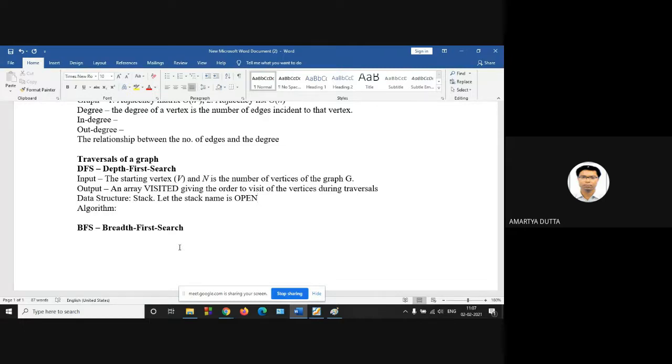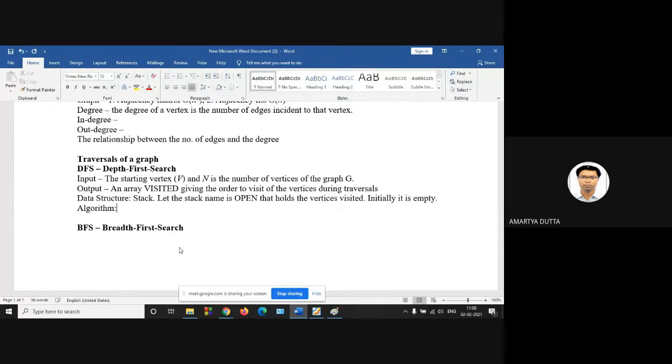Let the stack named open hold the vertices visited. Initially it is empty.